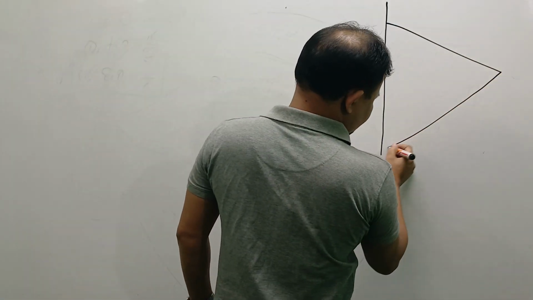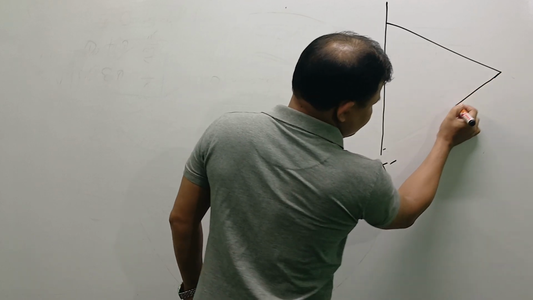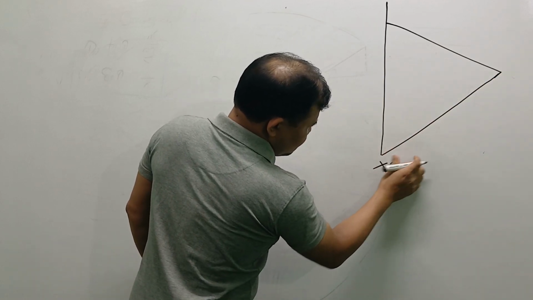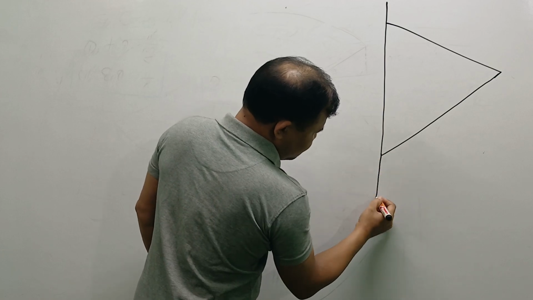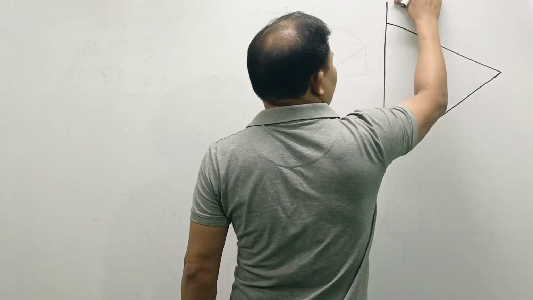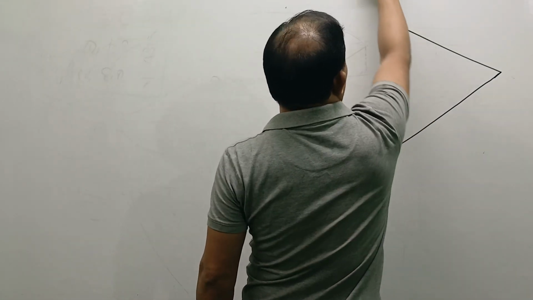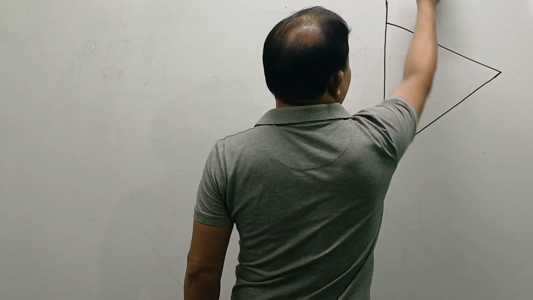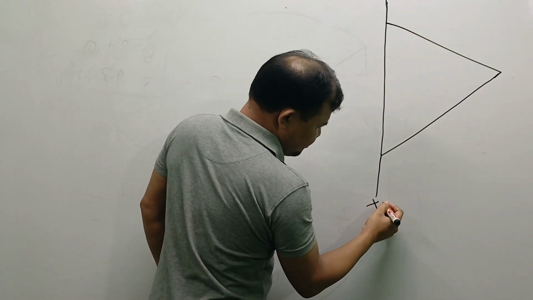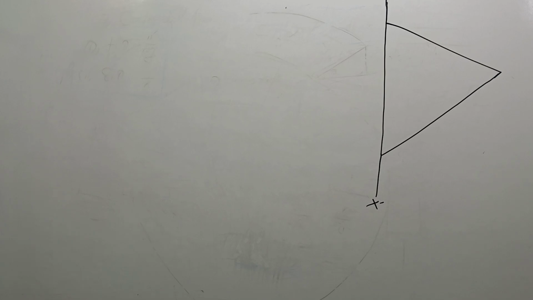I will give you some example information on this triangle. X prime is the rotational axis, and here we see a triangle.